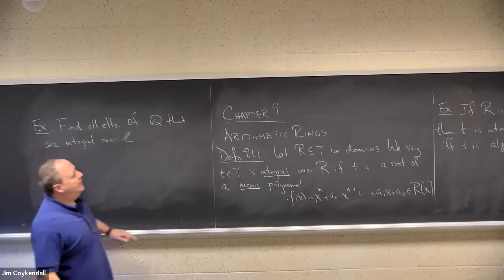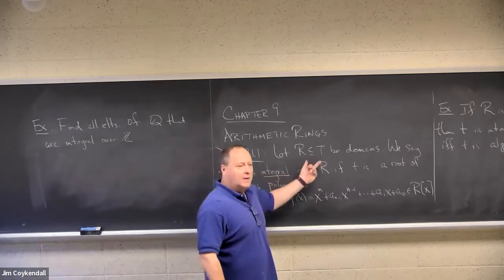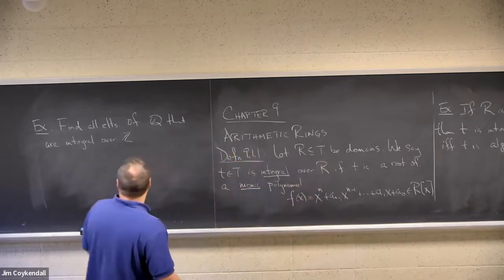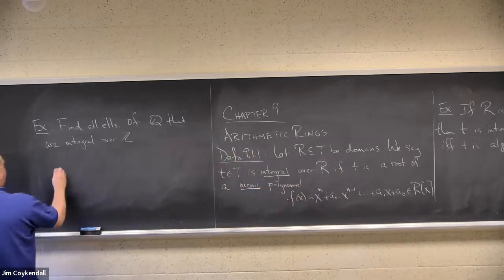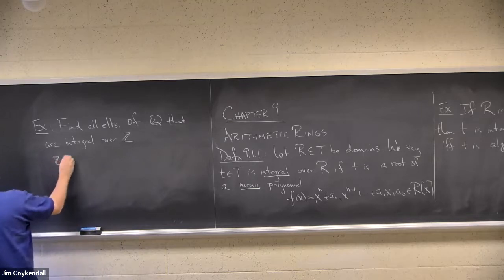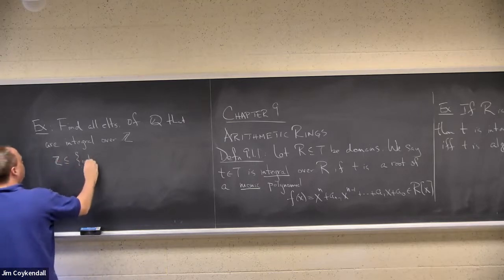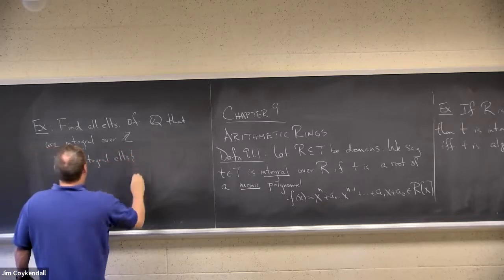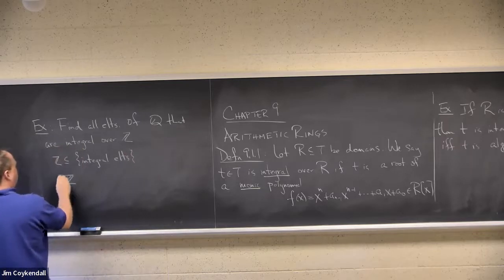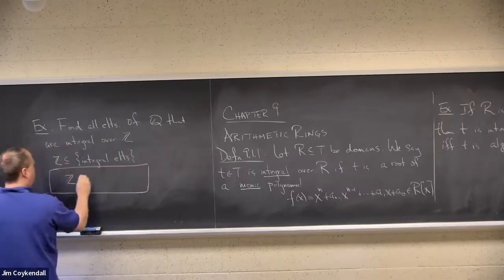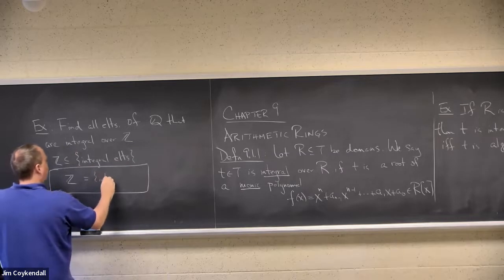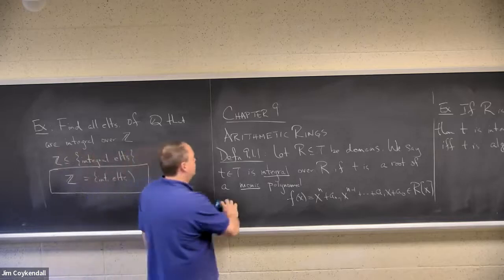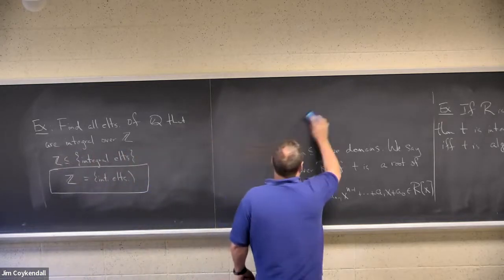Notice, of course, that any element of Z is integral over itself, because of x minus r. So notice that Z is contained in the set of integral elements. And in fact, that's it. There aren't any others. I'm going to prove that for you real quick.